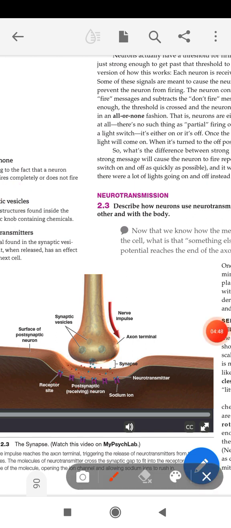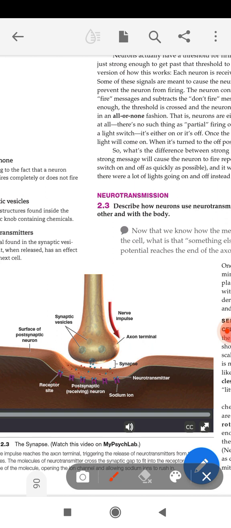These neurotransmitters will start floating in this synapse, and after some time, less than some milliseconds, they will get in touch with the surface of the receptor sites, and some of the neurotransmitters will then fit into the holes of these receptor sites.